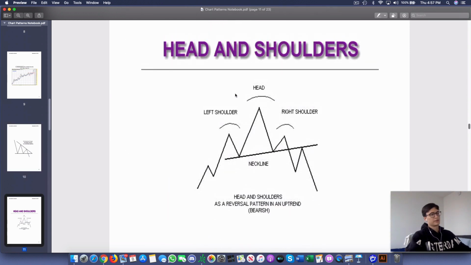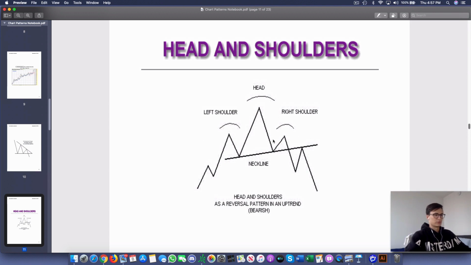So now we see head and shoulders again. We see the left shoulder, we see the head, and then the right shoulder, and then we identify a neckline. The shoulders don't need to be exactly hitting at the same price and getting rejected.